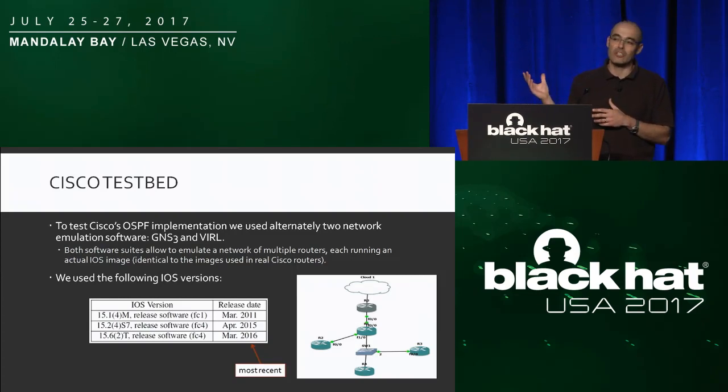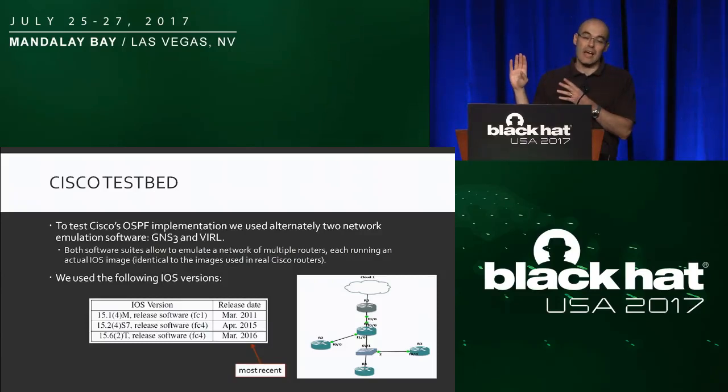They are both network emulation software that allow running real software images of Cisco on a PC. That was really handy because it allowed us not to build a complete setup of hardware routers in our office. So it was very easy, but absolutely equivalent to hardware routers.